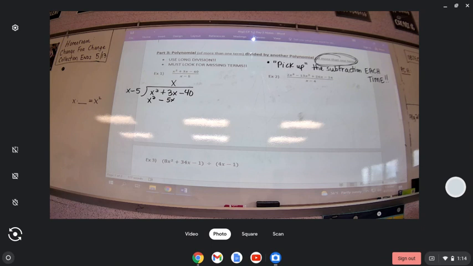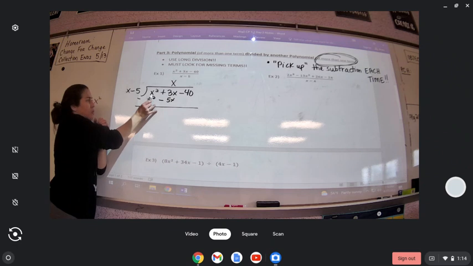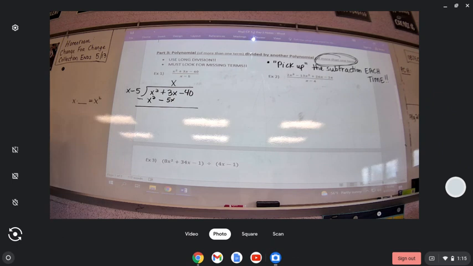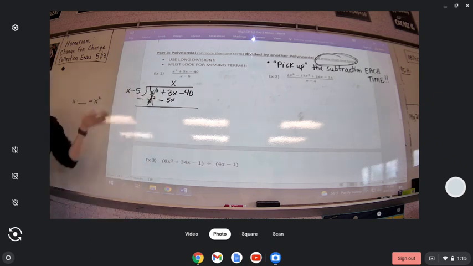All right, so we divided, we multiplied, now we subtract. And you have to pick up the subtraction each time. Now watch this. What happens to x squared subtract x squared? The fronts have to cancel. That's why we want the fronts to match. So they cancel in the subtraction step. Beautiful. Now here's where stuff hits the fan usually.